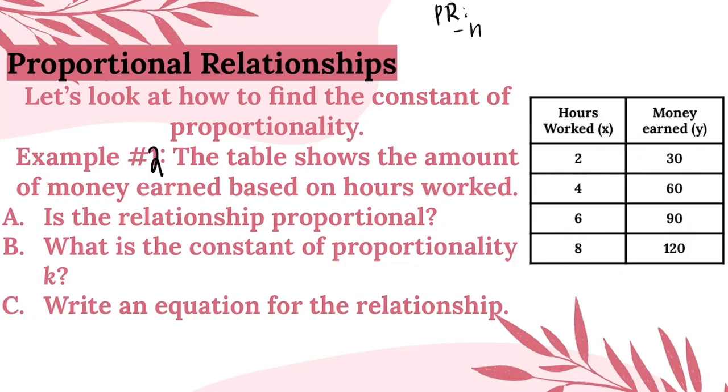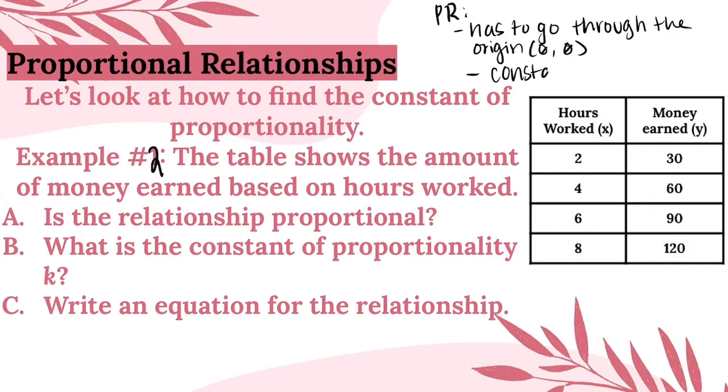It has to go through the origin. Add 0, 0. And it has to increase by a constant of proportionality, K. And it has to be linear, it has to be a straight line.